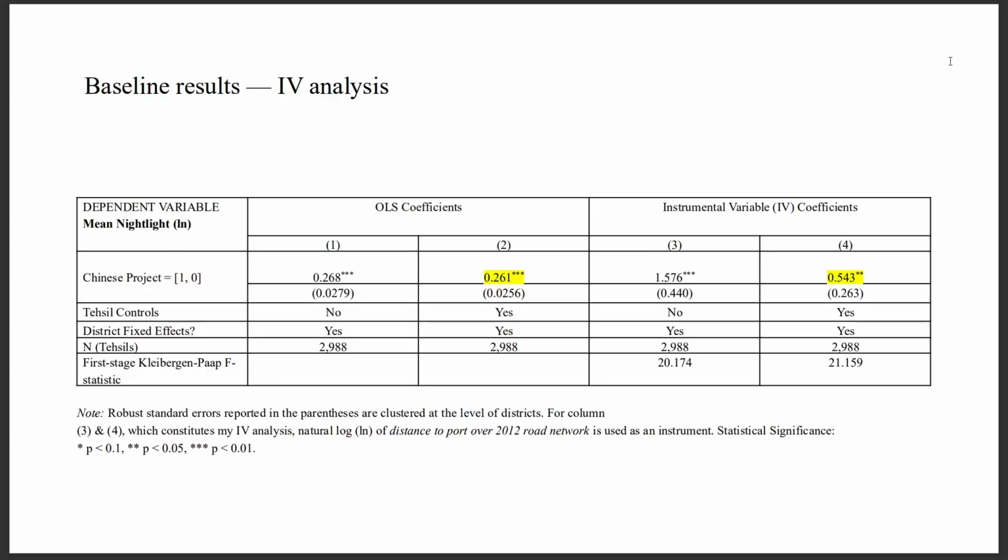So some of the baseline results: you can see over here the OLS coefficients are smaller but significant, roughly a 26 percentage point increase in nocturnal luminosity. The IV coefficients are, of course, much higher, so to an extent, what my advisor told me are outrageous.